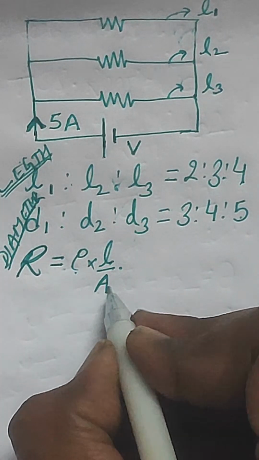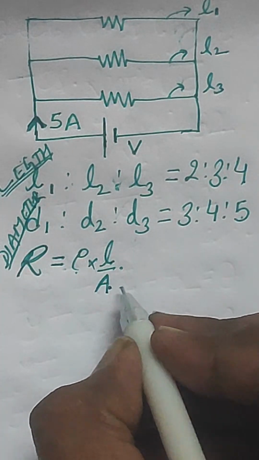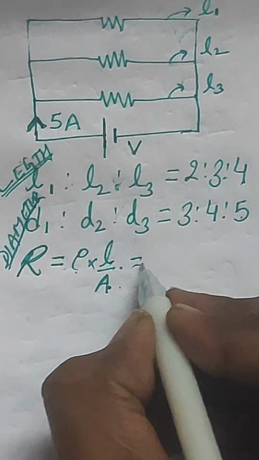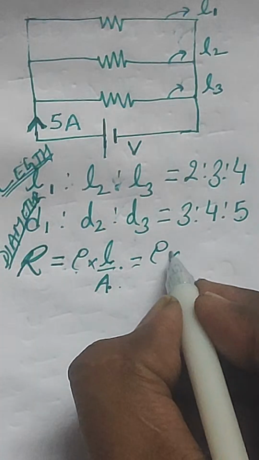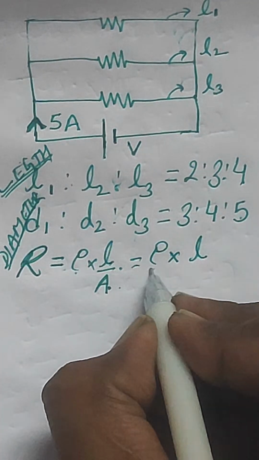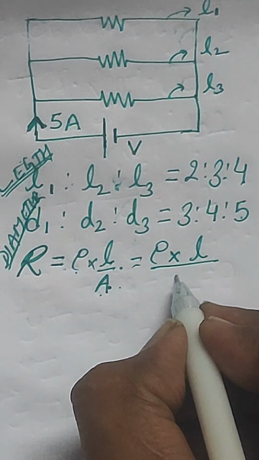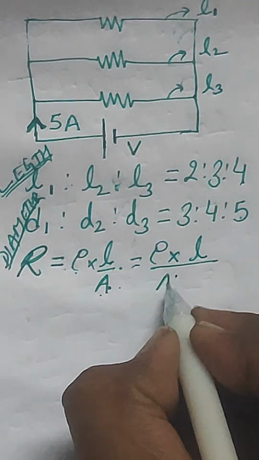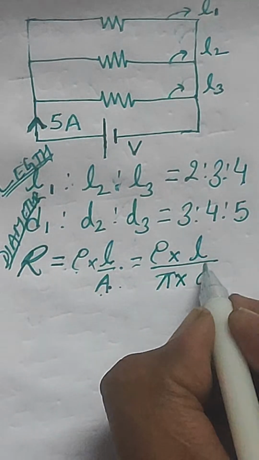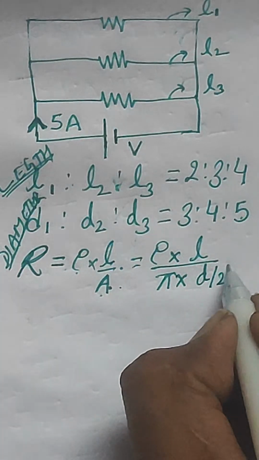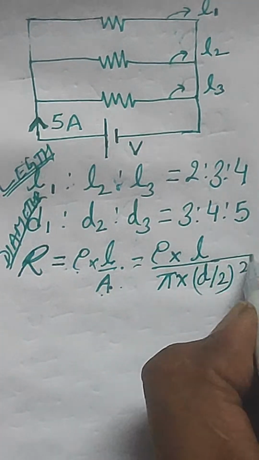So this R can be written as rho into L by A. This A is pi r square, so pi into r square. R is nothing but d by 2, isn't it?